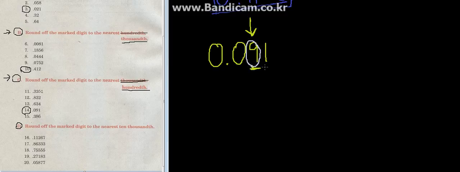To the right of the marked digit, there is a 1, and 1 should follow rule 2, right? Because any number that is smaller than 5, basically 0, 1, 2, 3, or 4, should follow rule 2.